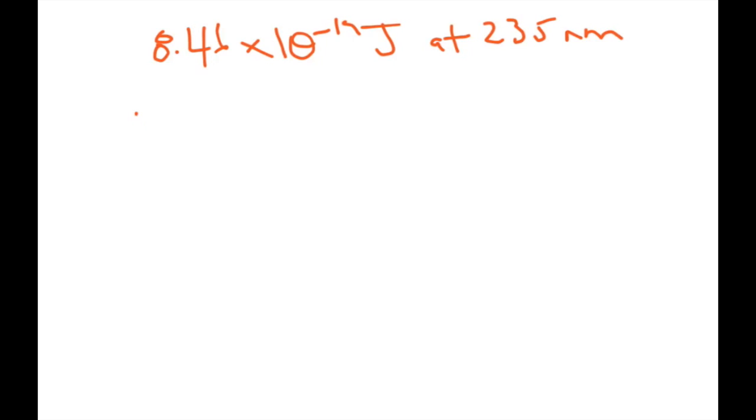So the next step is to find the kinetic energy, and that will be equal to the energy at our 235 nanometers minus the minimum energy needed. So remember, the minimum energy we calculated at that 460 nanometers.